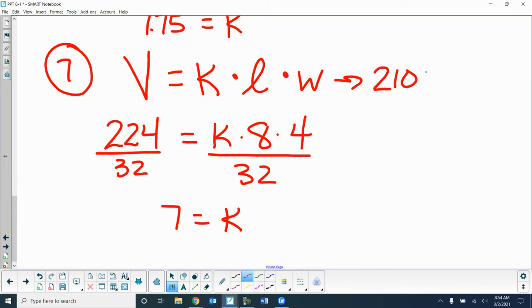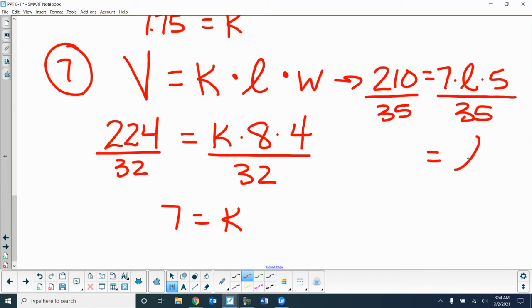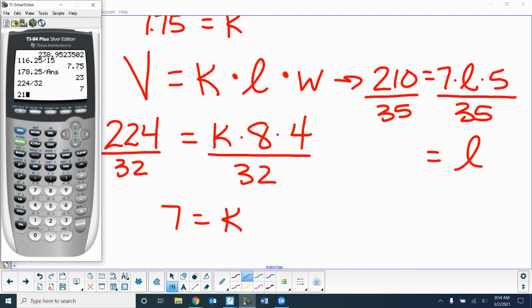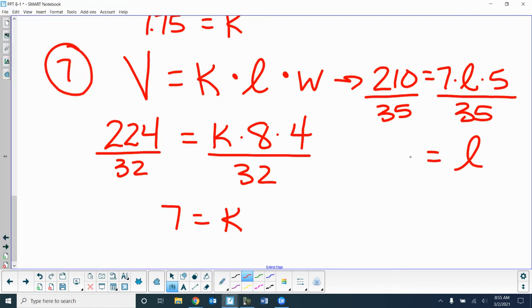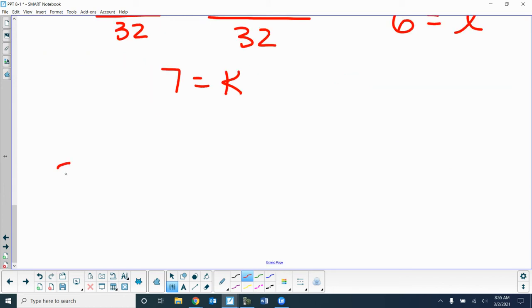So 210 for volume, 7 for K, width was 5. 7 times 5 is 35. What's 210 divided by 35? 6. So the length would have been, I think that was in feet, right? Yeah, 6 feet. Make sense? Again, it's not that hard, right? It's simple. You guys can handle this.